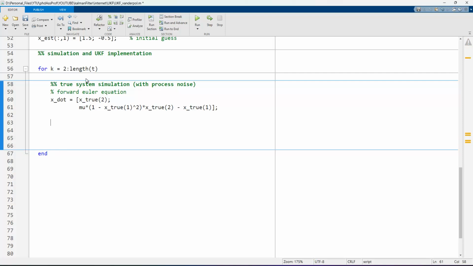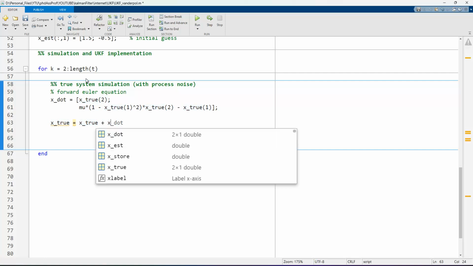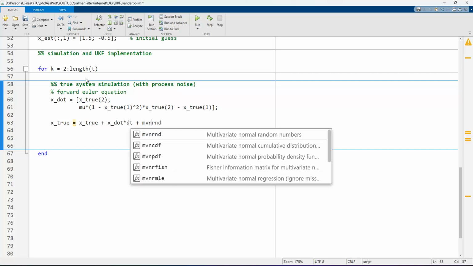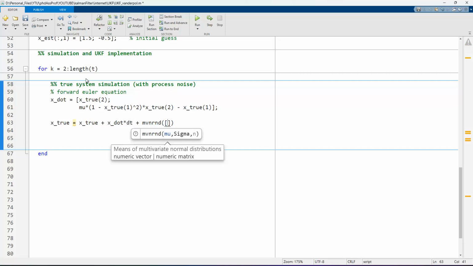And so how can we apply the forward Euler difference equation? X true value is assigned with x true, right, plus x dot, which is our continuous equation, times dt, plus the multivariate normal random variable, which can be built as a process noise. 0 and 0 is our guess for Gaussian process noise with the mean values of 0 and q, transpose value times sqrt dt.